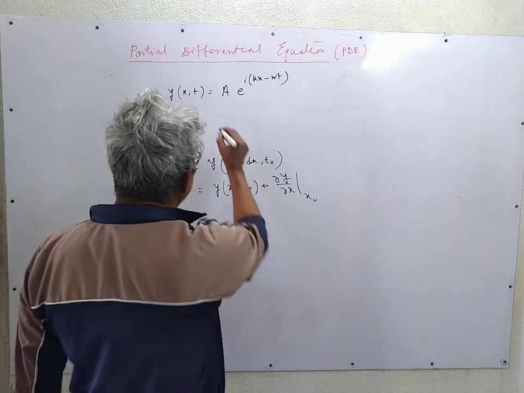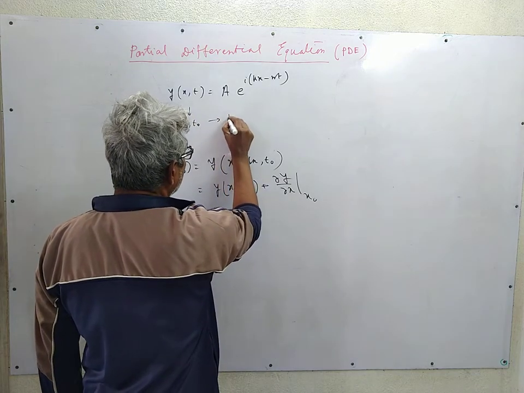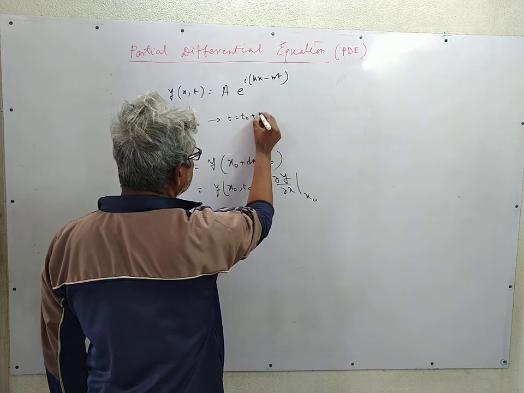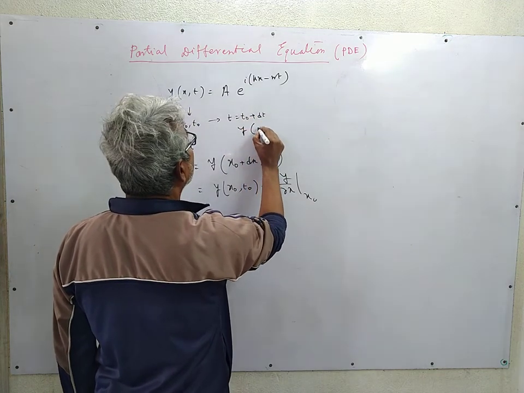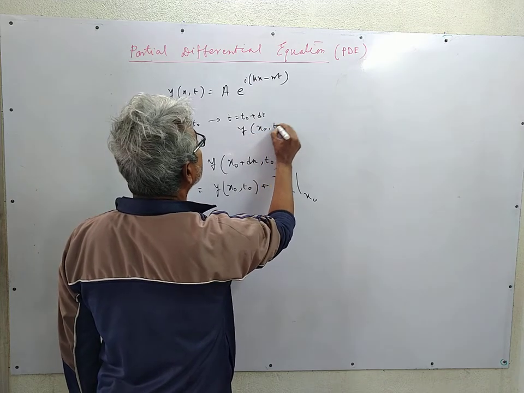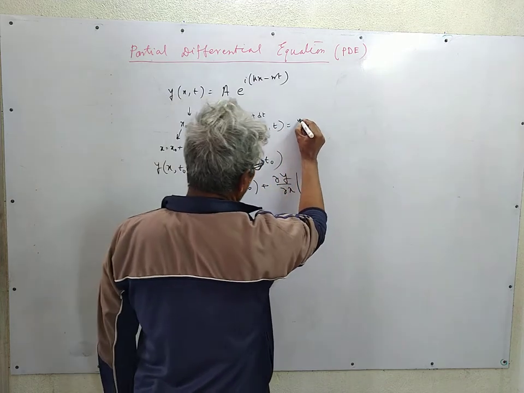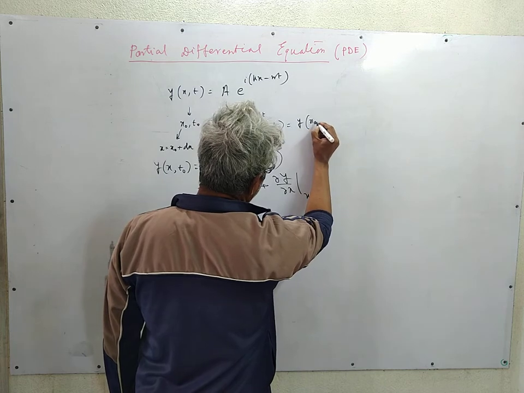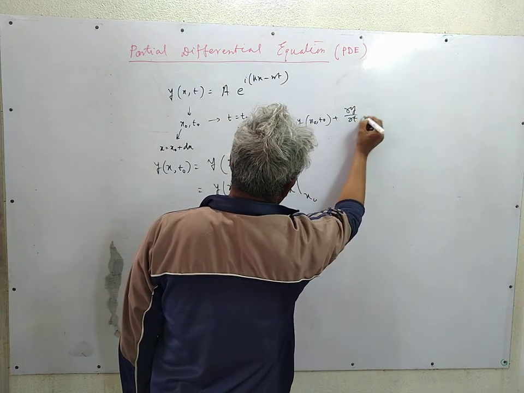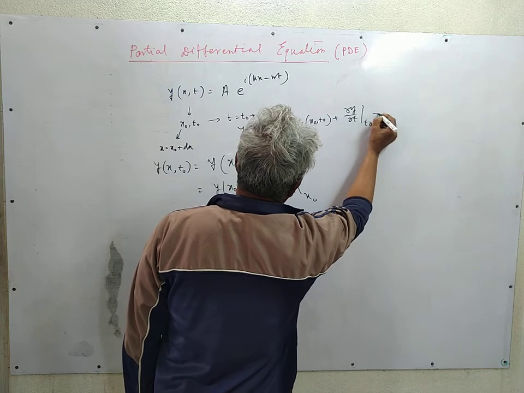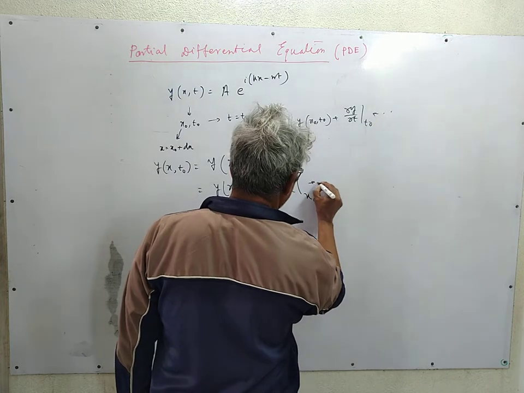And if we change time t to t0 plus dt, then y at x0, t is given by y at x0 t0 plus del y del t at t0 plus higher order terms.